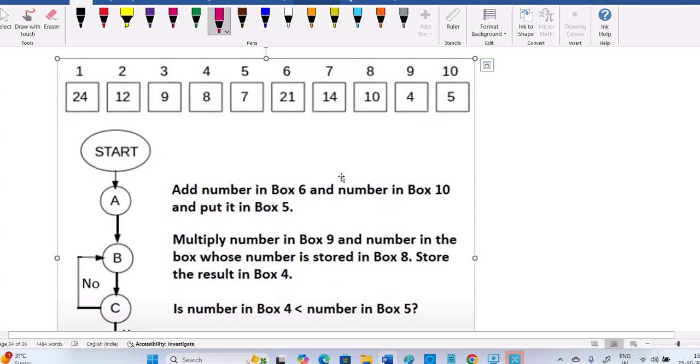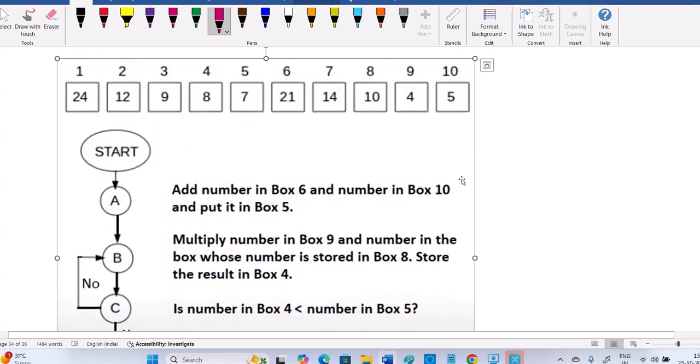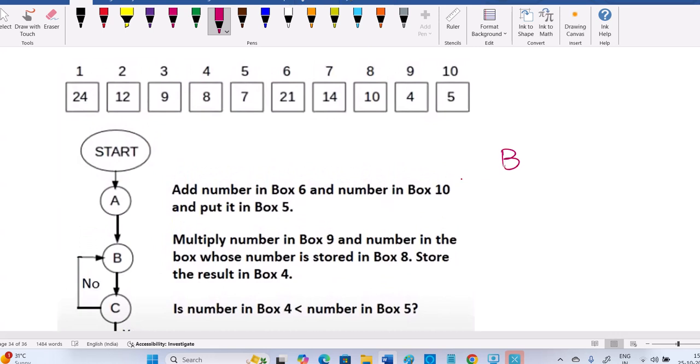Now, first step, box 6 and box 10 to be added. What is there in box 6? Sorry, 21. Box 10 is 5. Together 26. Box 5 should be updated to 26.